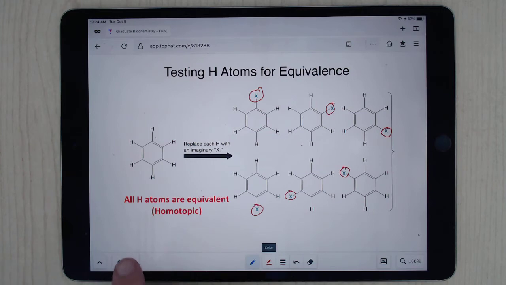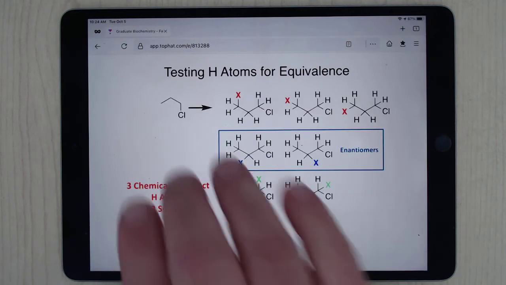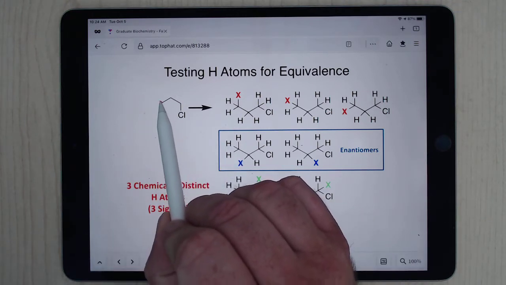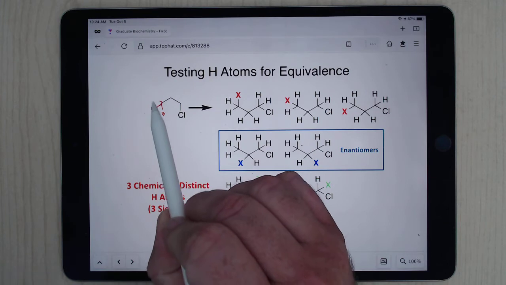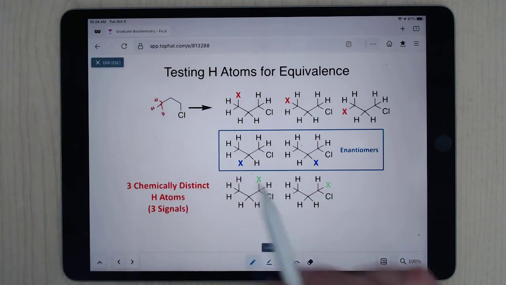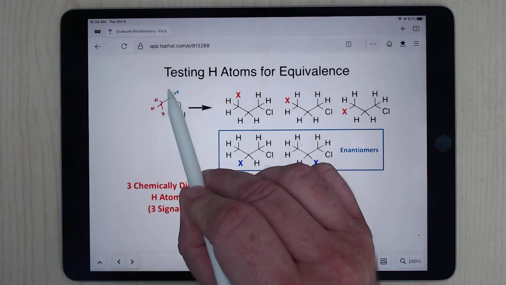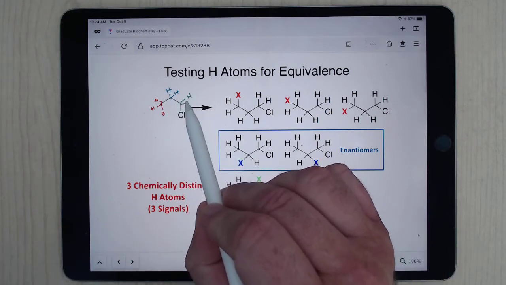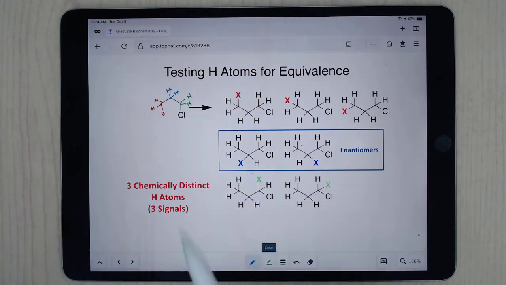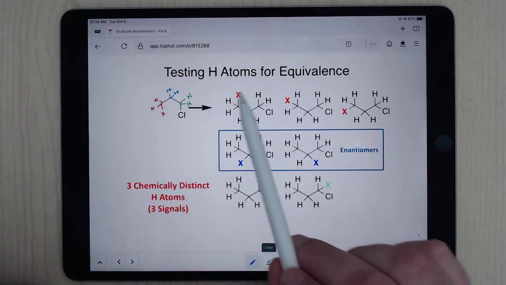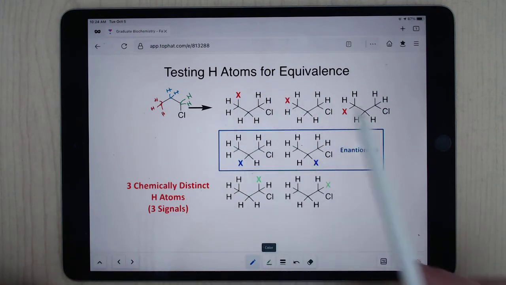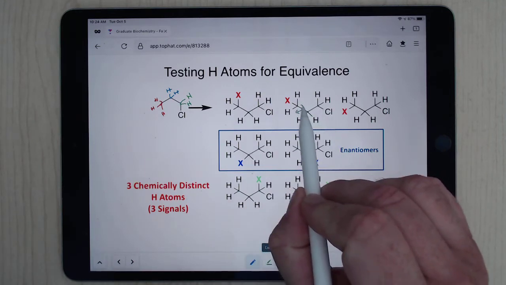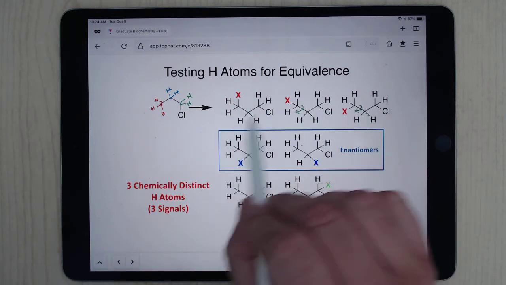Okay. If we look at something like this, again, if you look at the hydrogens here, we draw in these hydrogens. So if you look at the red ones, and we're going to substitute an X for each one of these, so we have 3 of these, I can simply rotate around this bond here and here to get back to this structure.